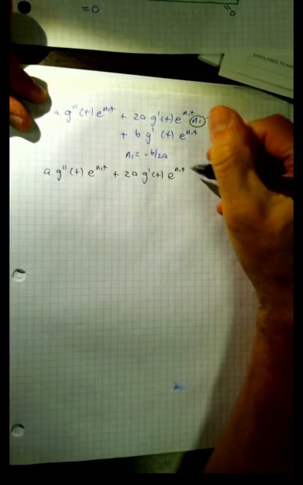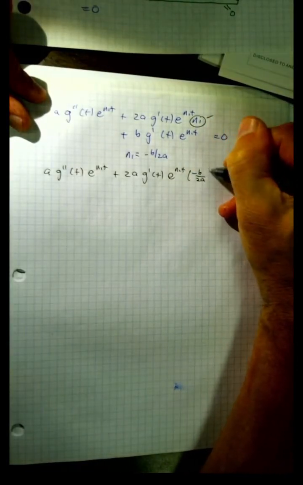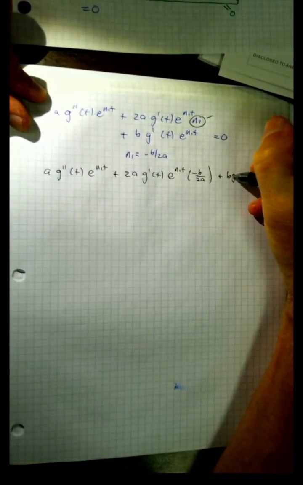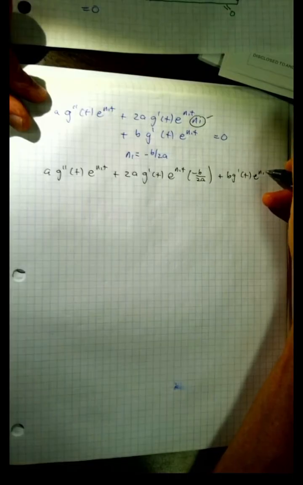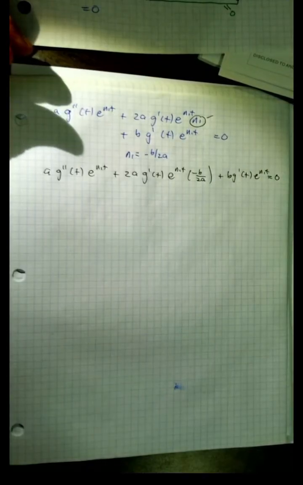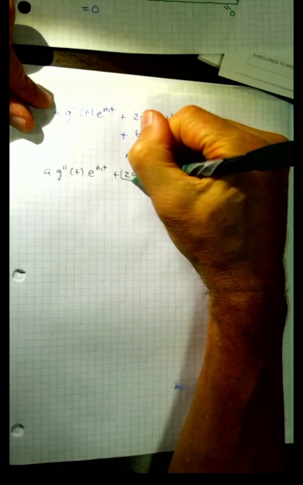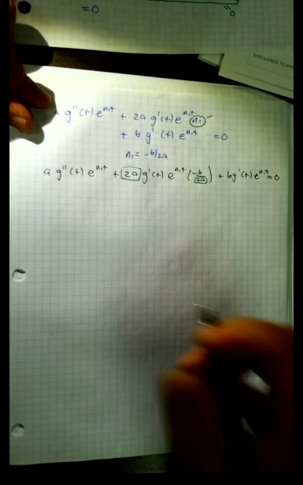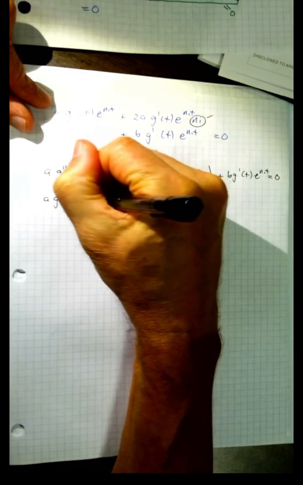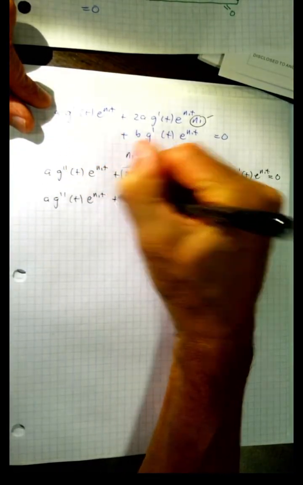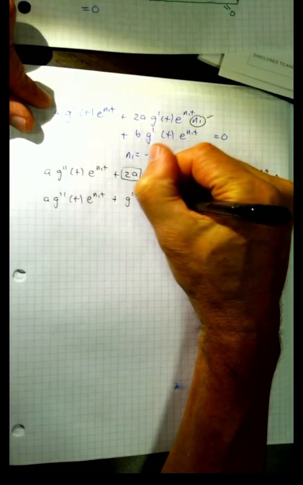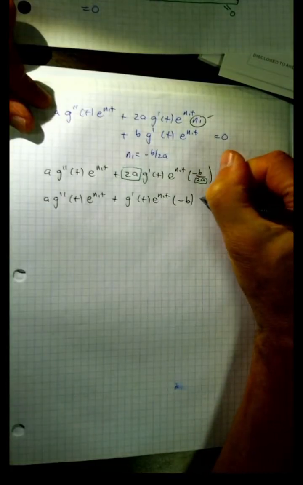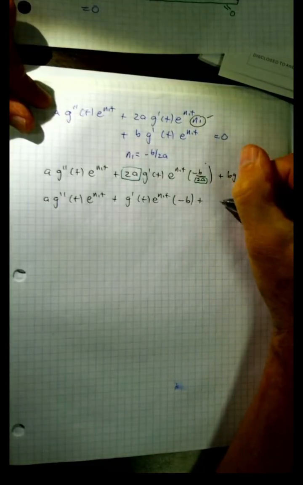Now for my n1, I'm going to replace it with minus b over 2a, and the other terms stay the same. Got a 2a there and a 2a in the denominator, so those cancel. So I now have a g double prime e to the n1t plus g prime e to the n1t times minus b. So I simplified this, and this I'm not going to do anything to that term.